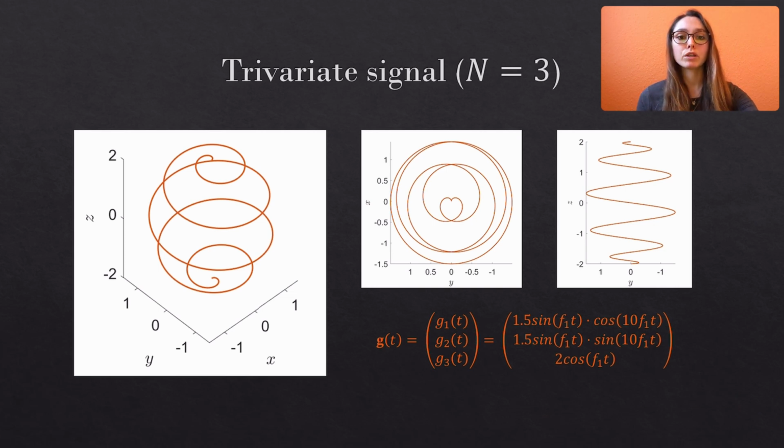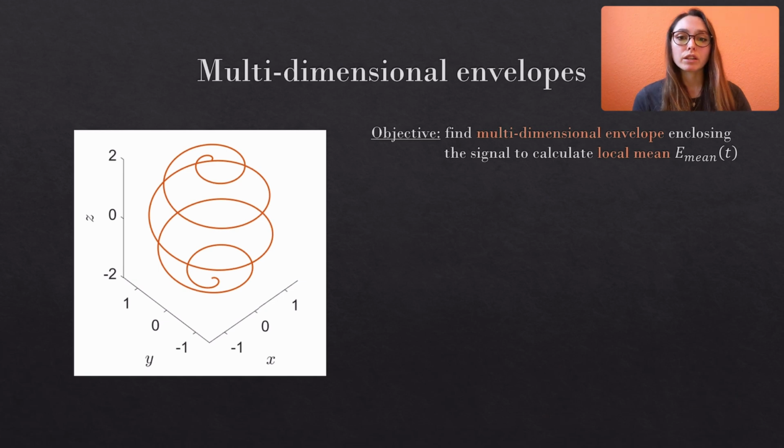Okay, for our decomposition, the main objective is the determination of a local mean envelope, so that we can calculate an IMF, or at least a residual that brings us closer to the actual IMF. For a signal with only one dimension, this is achieved by defining an upper and a lower envelope via the signal's extrema, and this upper and lower envelope enclose the complete signal.